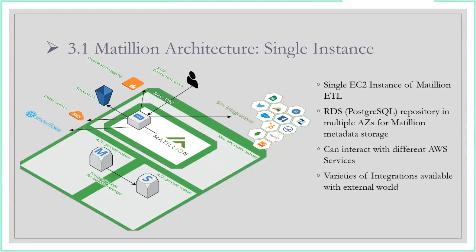Then in terms of launching, if you see the previous video, it will ask you for two things primarily. First, it will ask on which cloud platform you want to launch Matillion. Do you want to launch it on AWS, GCP, or Azure?